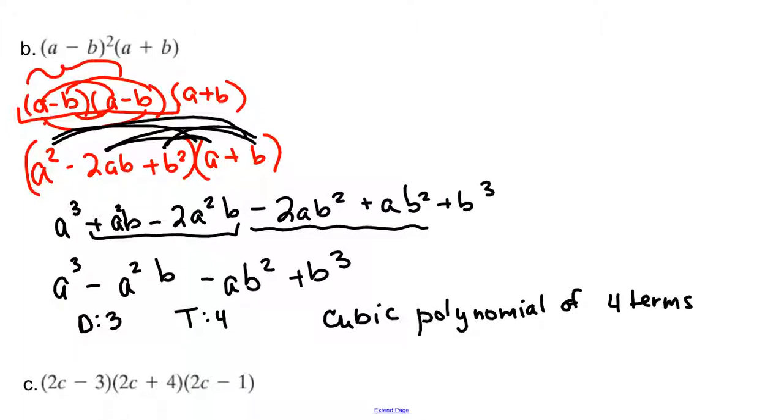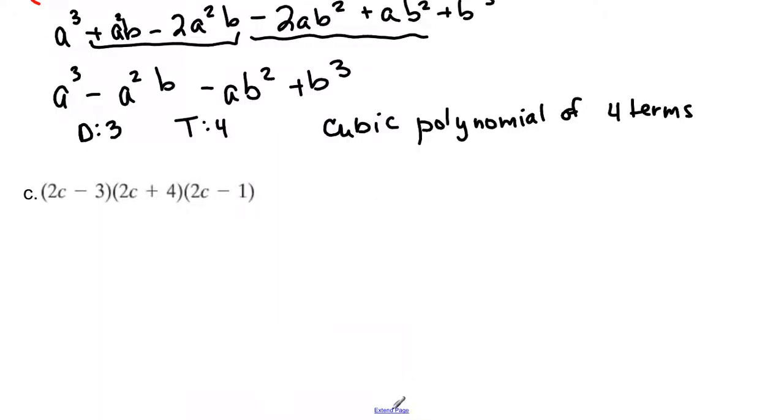Okay, now finally, let's take a look at this example C, 2C, to be more specific. And again, we're going to start by multiplying these two binomials together. 2c times 2c is 4c squared. 2c times 4 is 8c. Negative 3 times 2c is negative 6c.